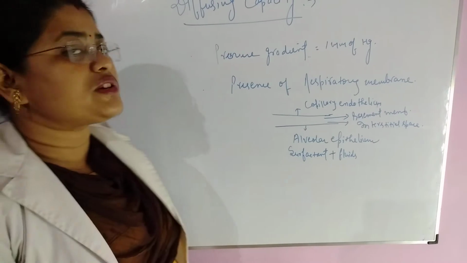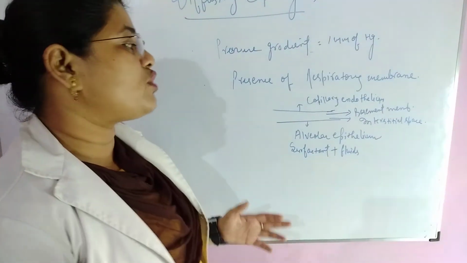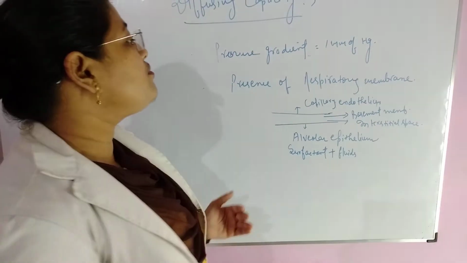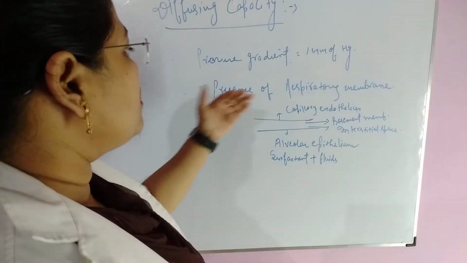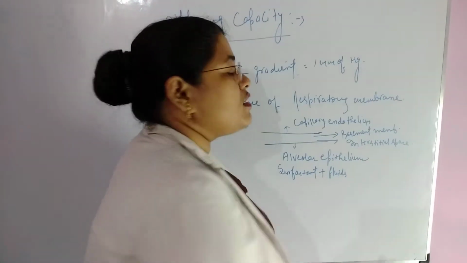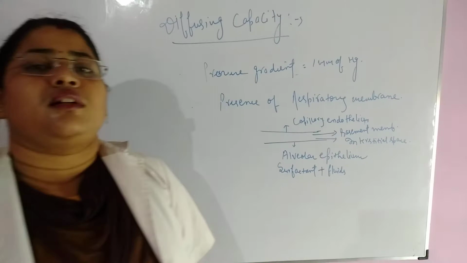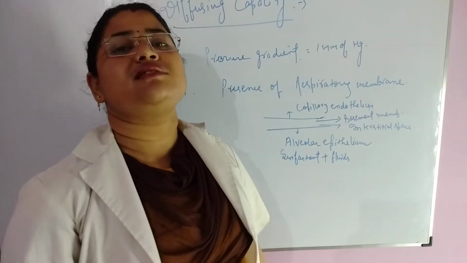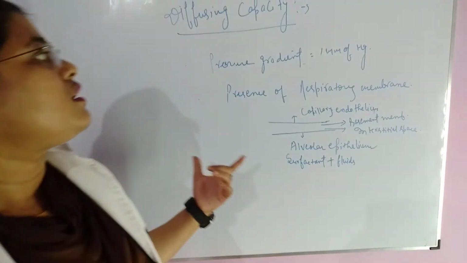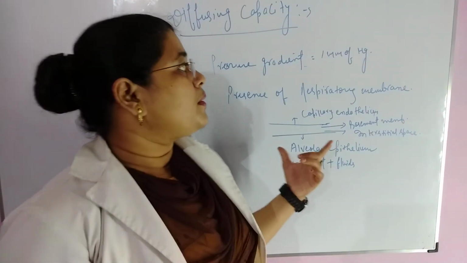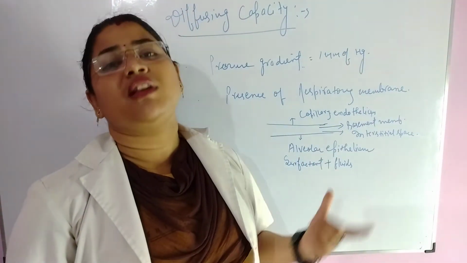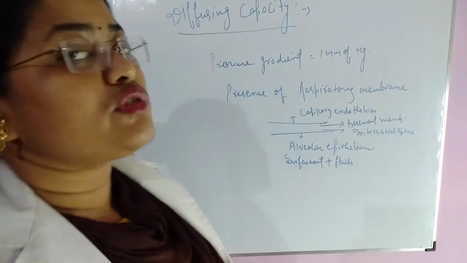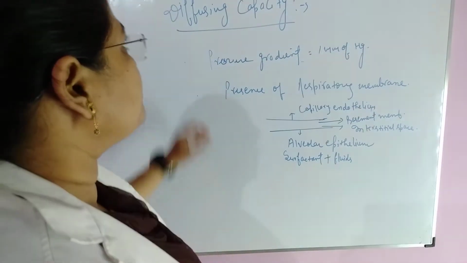So diffusing capacity is defined as volume of gas which can be diffused through respiratory membrane when pressure gradient is 1 mm of Hg, and it is measured in 1 minute. So this is about diffusing capacity.